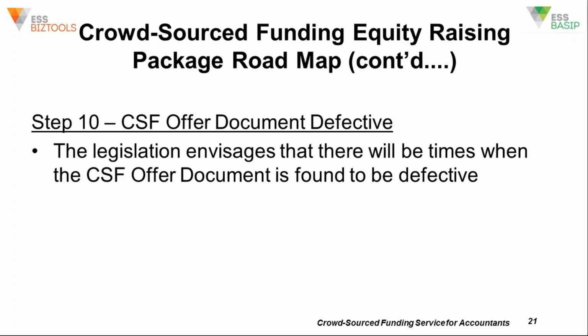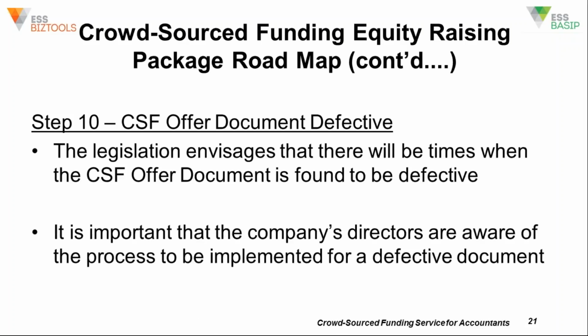Now the legislation goes into a bit of detail as to what happens if the documents are found to be defective. It's important that you are able to discuss this with the directors so that they know what has got to be done if a document is found to be defective.